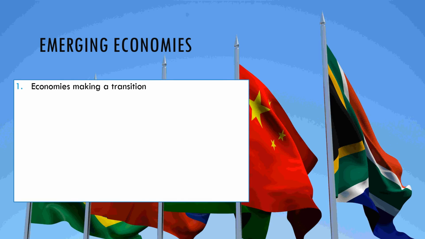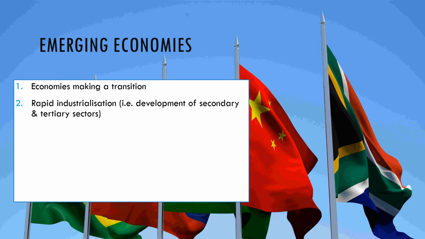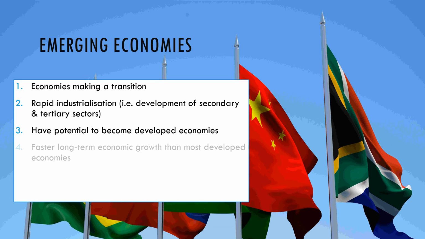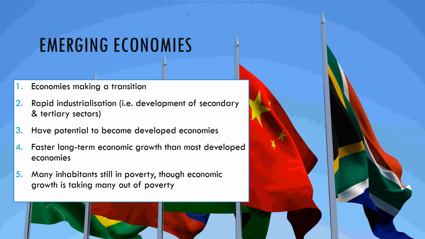So emerging economies are economies that are making a transition, and they're going through a period of rapid industrialization. They have the potential to become developed economies, but maybe are not quite there yet. Importantly, they've got faster long-term economic growth than most developed countries, although many inhabitants are still in poverty, although that is increasingly less the case.